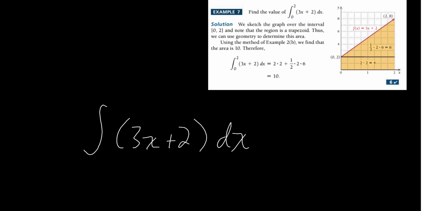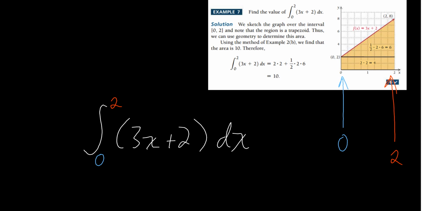We're introducing something new here, and that's a number down here and a number up here. What that means is we're going from 0 to 2. And notice how this is the 0 and this is the 2.